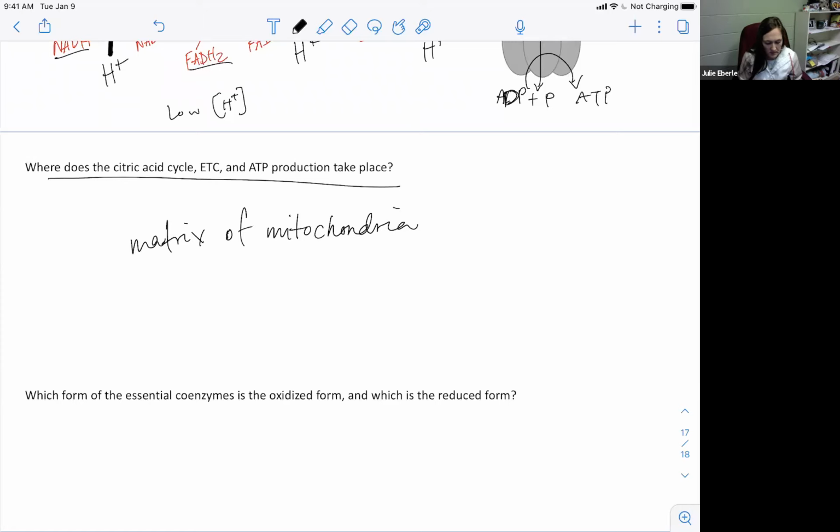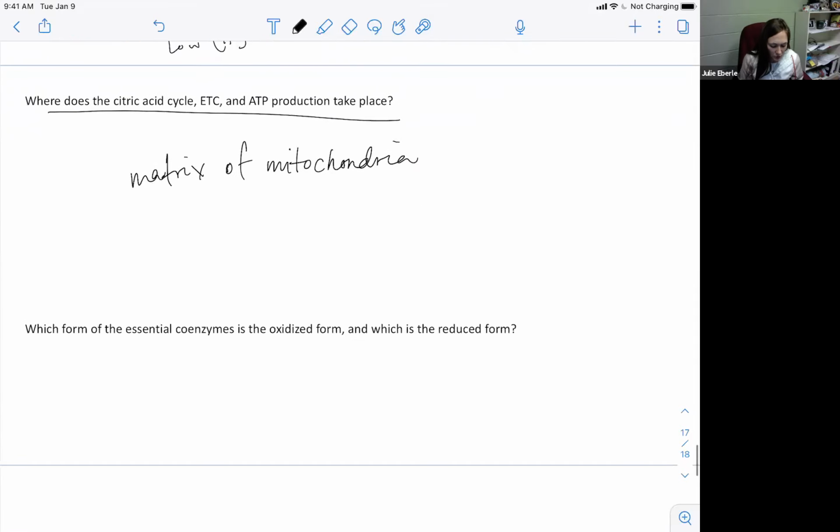All right. And then which form of the essential coenzymes is the oxidized form and which is reduced? So we're talking about NAD and FAD. What is the oxidized form? What's the reduced form? Is FAD oxidized and then FADH2 reduced? Yep, FADH2.